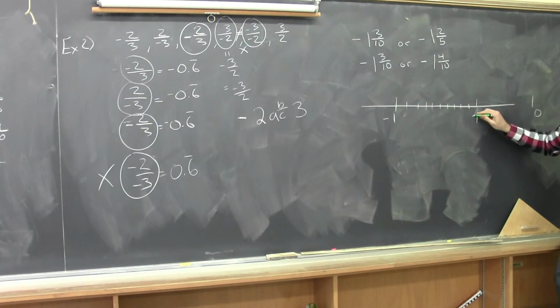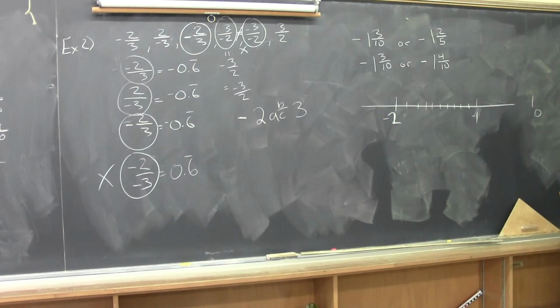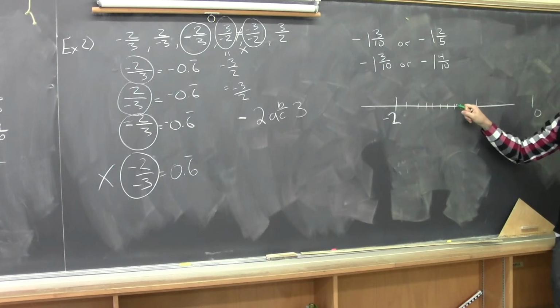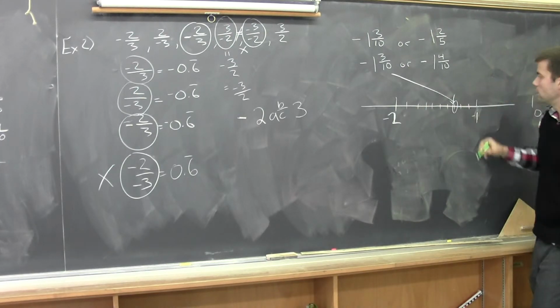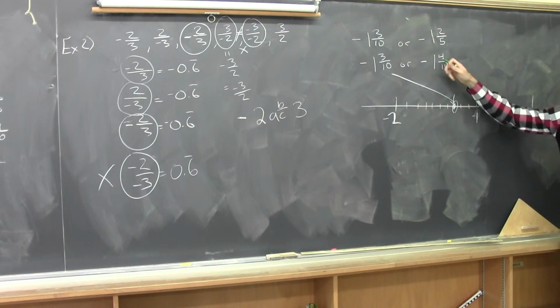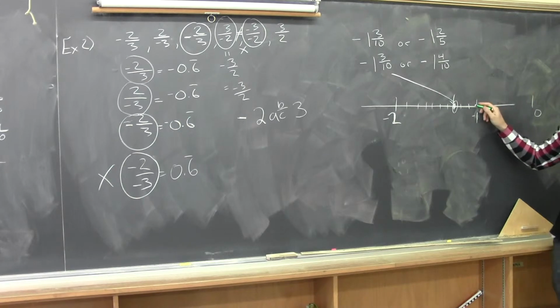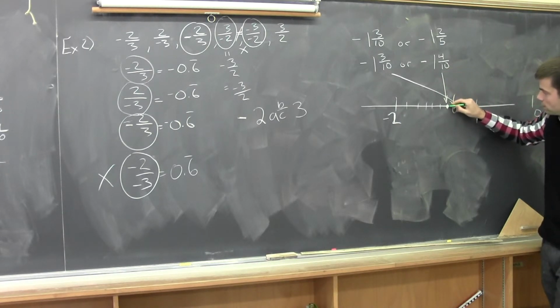I'm going to put 1 here, negative 1 here, and negative 2 here. Negative 1 3/10 would be negative 1 and 1, 2, 3. So this point here is negative 1 3/10. Negative 1 4/10 would be this point, 1, 2, 3, 4. That would be this point here.